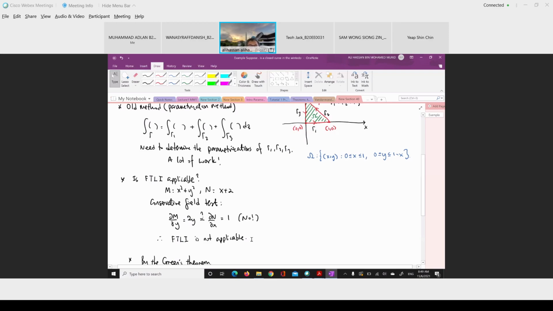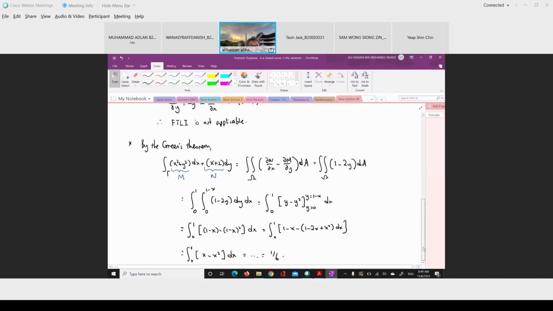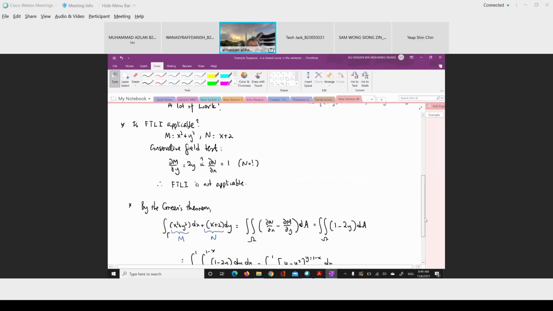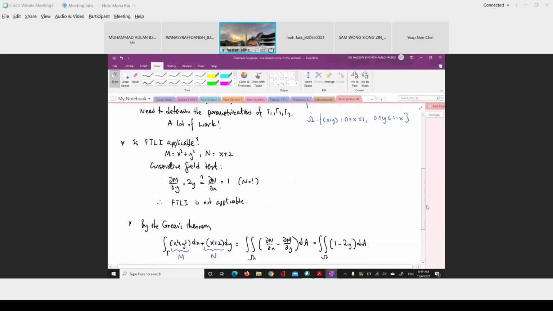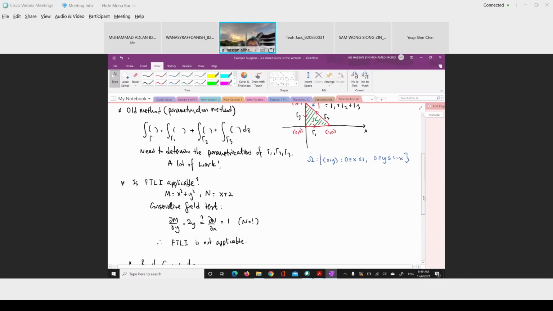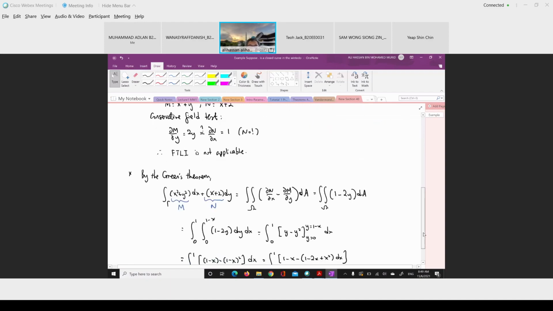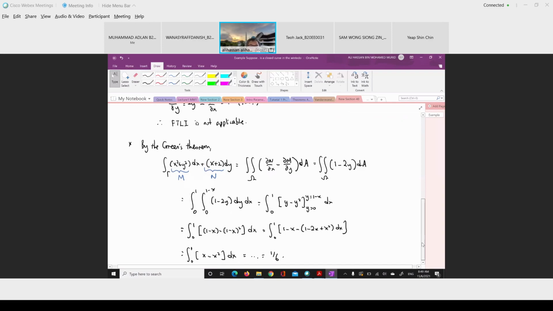So then there is no need to use Green's theorem. If you use Green's theorem, you will also end up with 0. If the fundamental theorem, FTLI, is applicable, then because it is a closed curve, it is equal to 0.